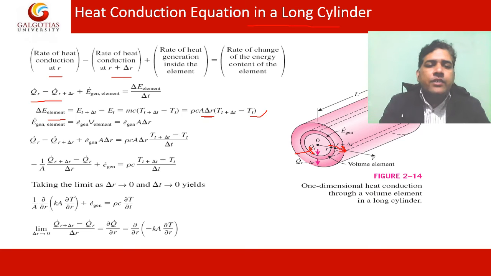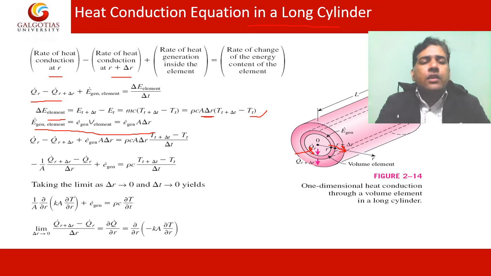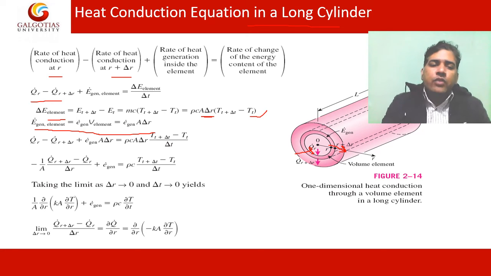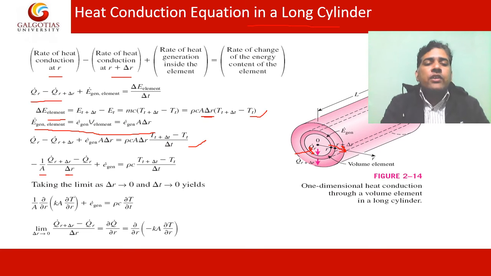In the similar fashion, as you can see, the heat generated within the element has been calculated. Putting these values in the equation that we have earlier discussed, we get this equation, and after dividing this equation by A into delta r, we get this equation.